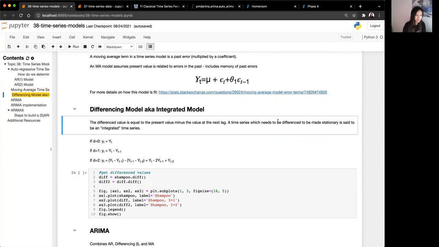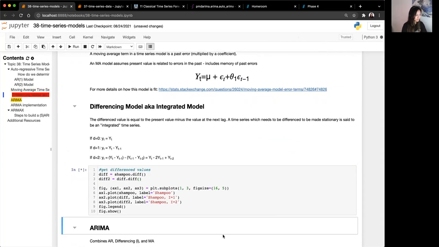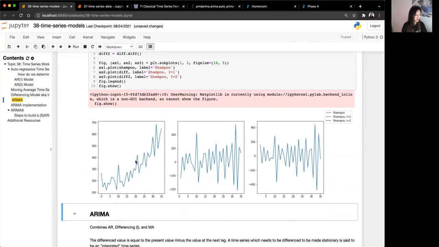A time series which needs to be differenced to be made stationary is said to be an integrated time series. That's where the I comes from. It's integrated. So remember, this is our original data. This is it with one difference, which, if you remember from yesterday, is actually stationary enough, but this is two differencing. It's overall a little flatter, you can argue.